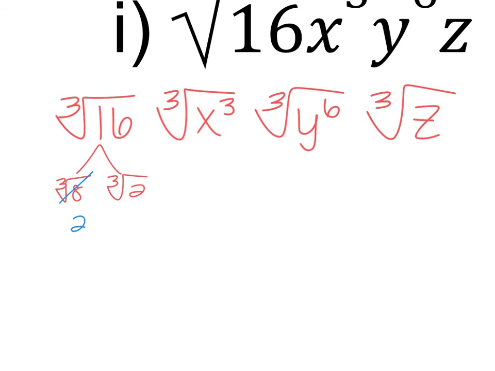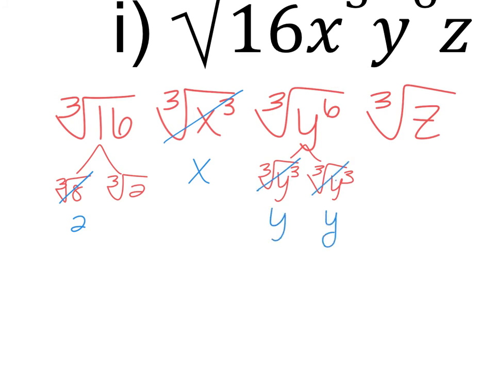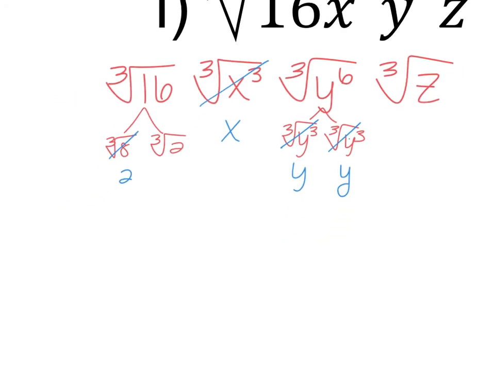The cube root of x to the 3rd is just x, right? And again, I like to cross them off as I go. It helps me see it visually. The cube root of y to the 6th breaks up into y to the 3rd, y to the 3rd, which is y and y. And you can't break up the cube root of z, so there's nothing you can do with it.